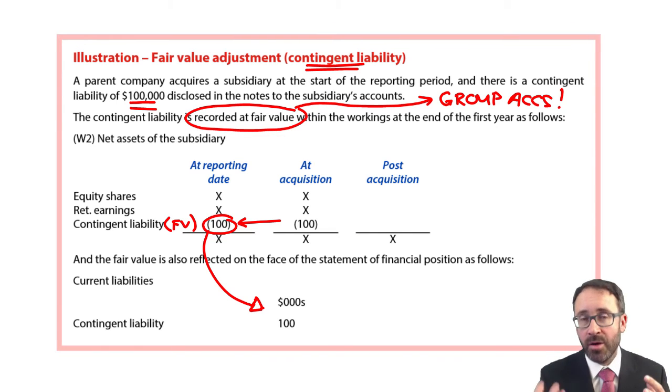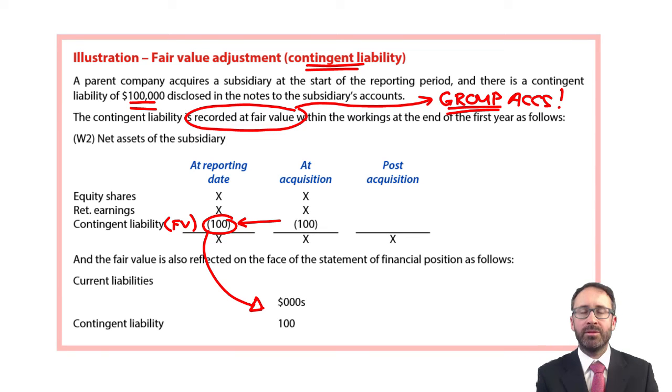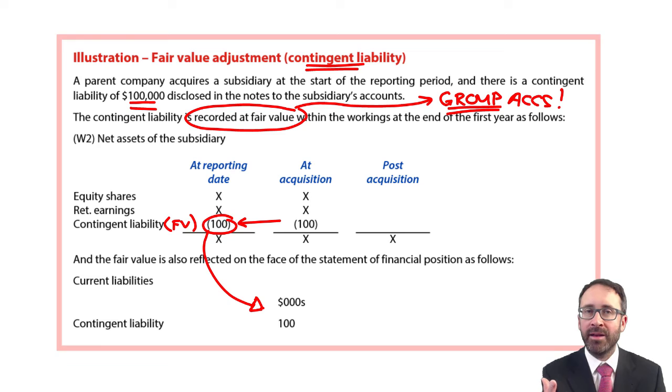Okay, so you have within your contingent liabilities, it looks a bit strange to see a contingent liability on the face of a set of accounts, but remember that this is the group accounts and we are recording the assets and the liabilities at fair value. Here the fair value is 100 because that's what's being disclosed in the notes.